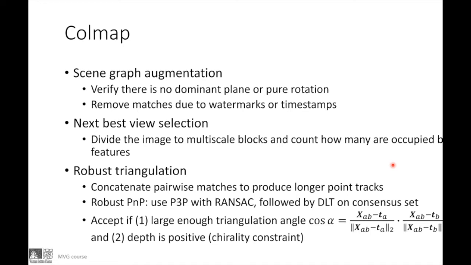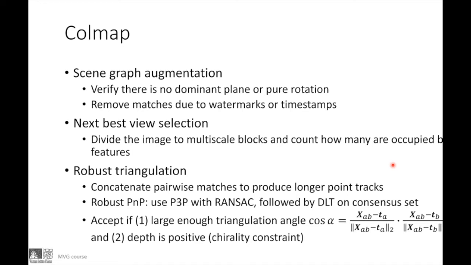Because if the angle is very small, that would mean that your prediction of the depth may be subject to big errors. So they accept only points where the triangulation angle exceeds some threshold.